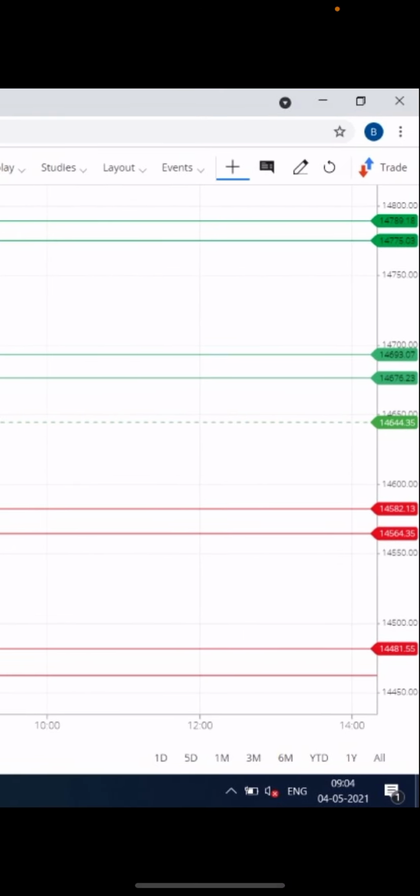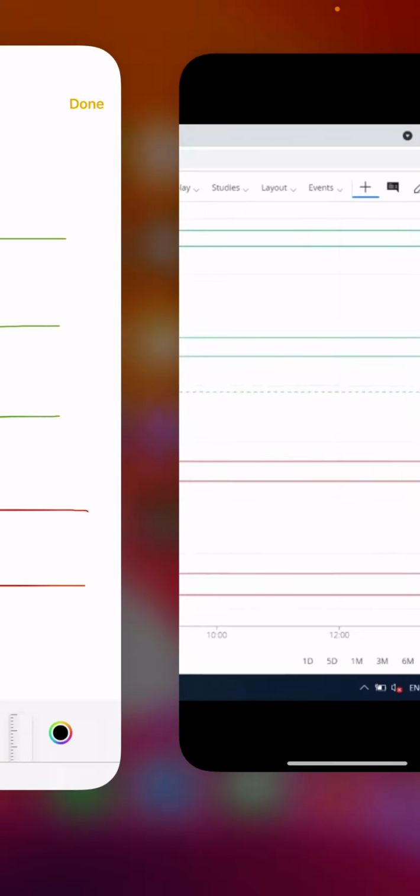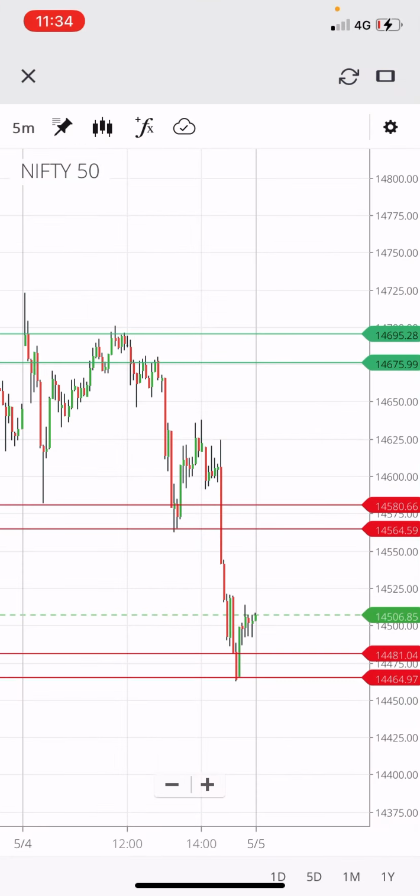This green line is a resistance line and these two lines are support lines. The first resistance is around 14,700, within the zone of 14,693 and 14,676.